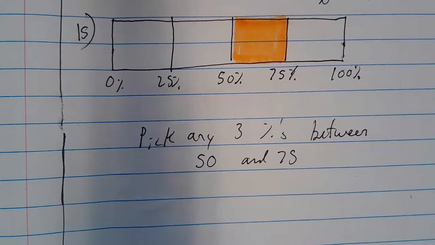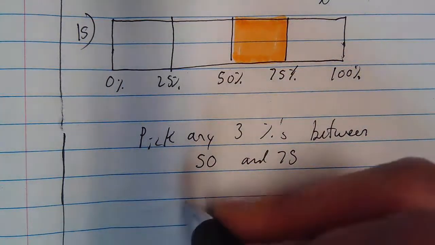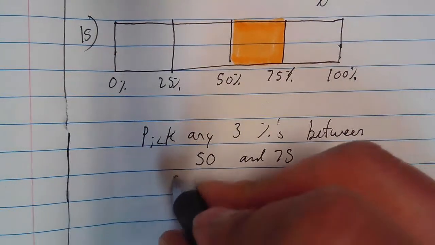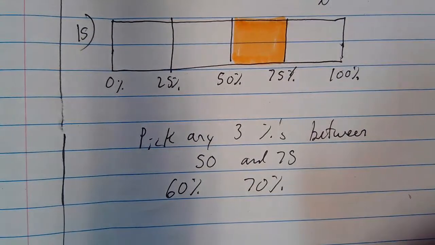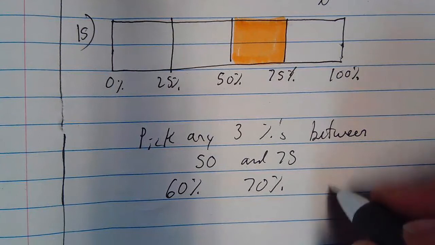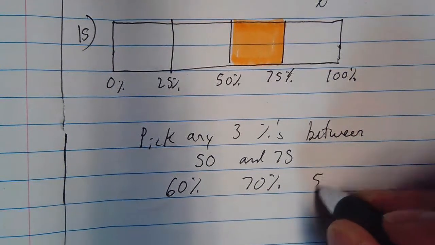So if you pick 3 percents, you can write 3 fractions. All right? So I'm going to pick numbers that end in 0 because those are easy to simplify. So I have 60%. I have 70%. Oof. There's no more between that. But you know what? Let's pick something that ends in a 5. Let's try 55%.